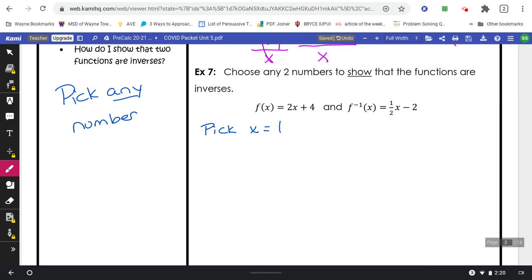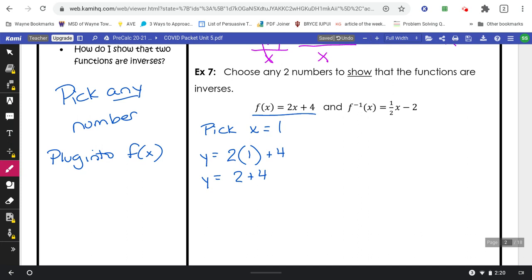I'm going to start by plugging it into my f of x. So 2 times 1 plus 4. And you could put y equals in front if you want, or f of x equals in front. 2 times 1 is 2. 2 plus 4 is 6.